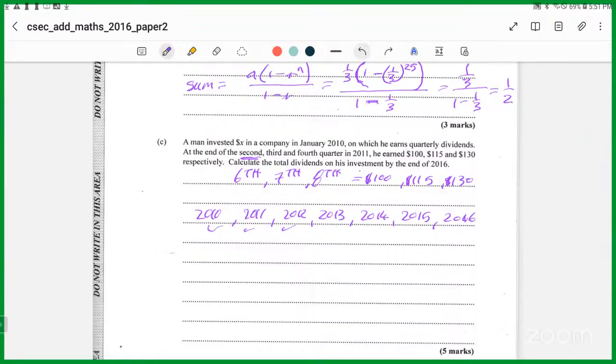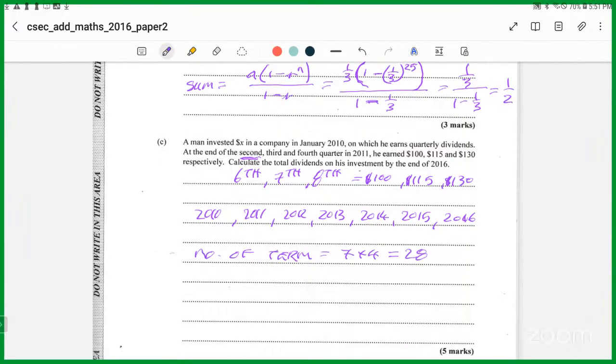And there are 4 quarters in each year. So the number of quarters, which is the number of terms, the number of payments, the number of dividends, this is called a term. Each term is a dividend. It becomes 7 times 4, which is 28. So we want the sum to 28 terms.